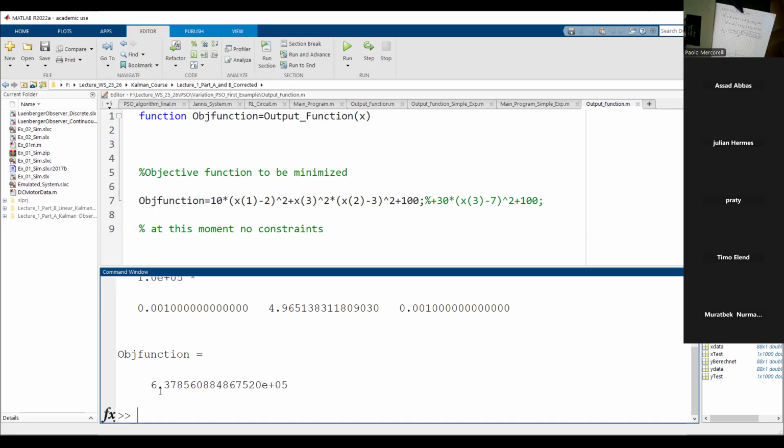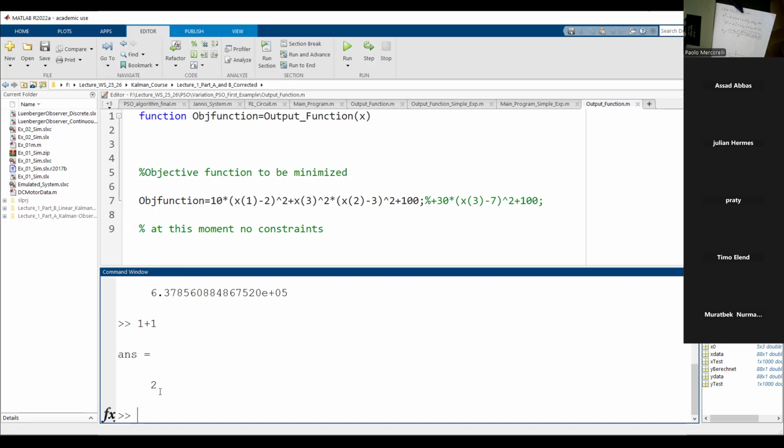Here we have the command window, which you can use, as you remember, as a calculator: 1 plus 1 equals 2. Ans is the variable which contains the value 2. Let me show you also this workspace, this part here. Let me clear everything again. 1 plus 1 equals 2.